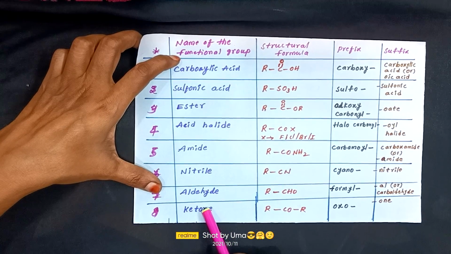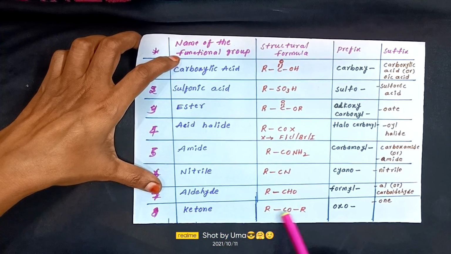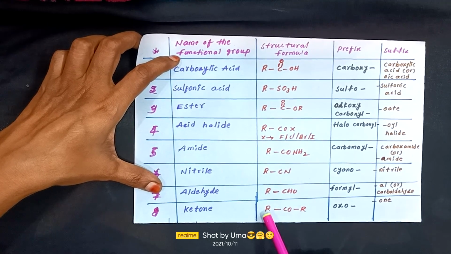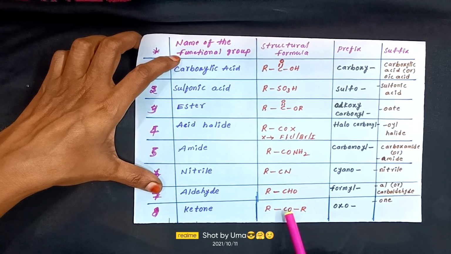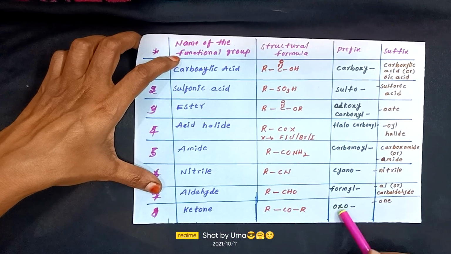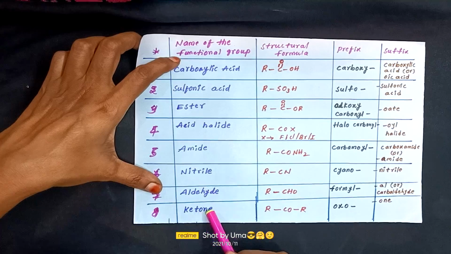Ketone is the functional group, and what is the structure of it, children? RCOR. Two alkyl groups are attached to the carbonyl group. It will give ketone. And what is the prefix of ketone, children? Oxo, and suffix is one.